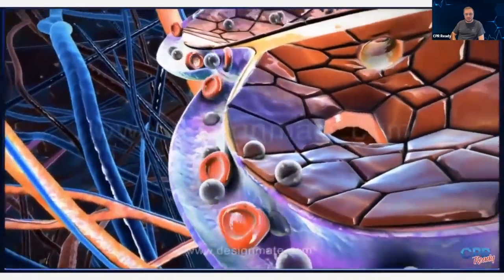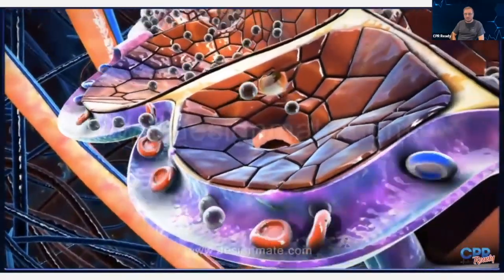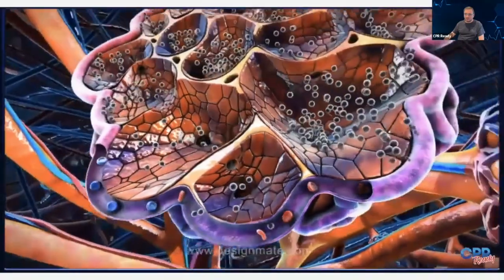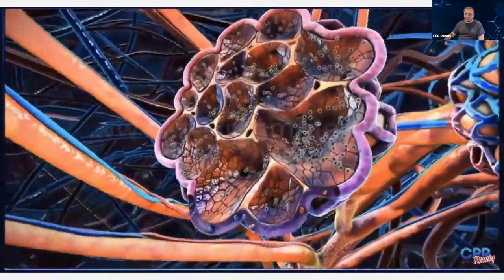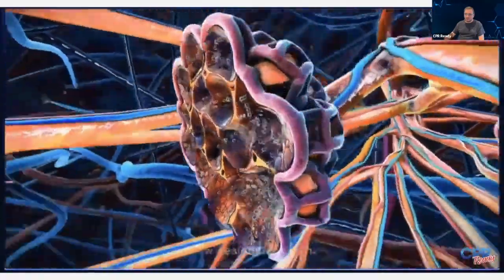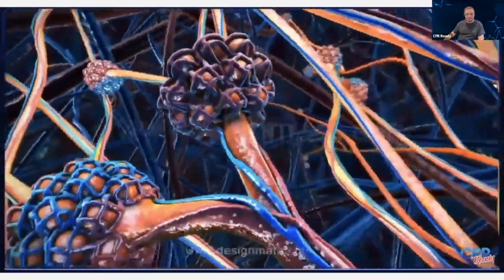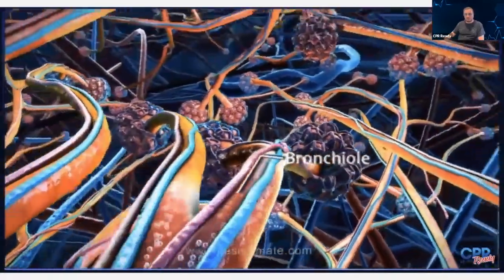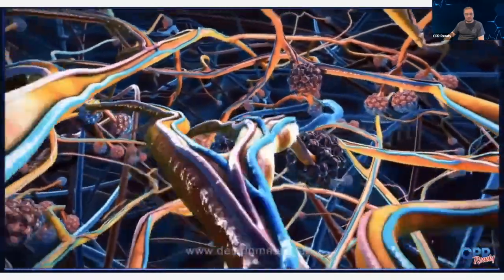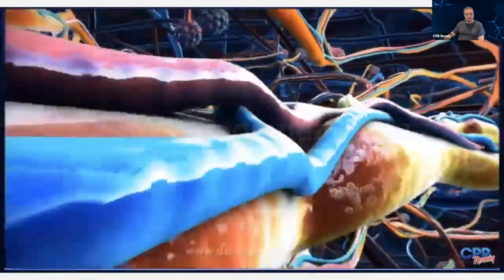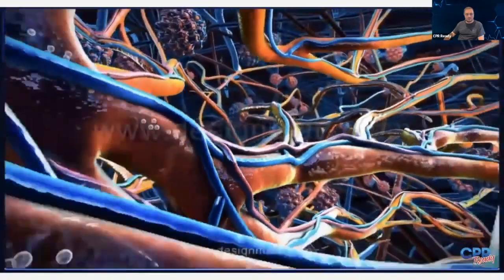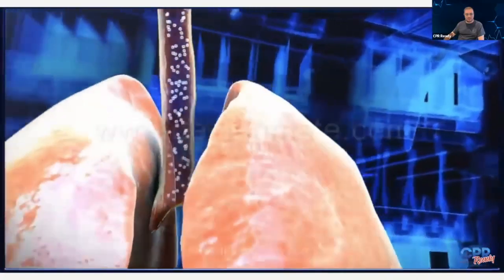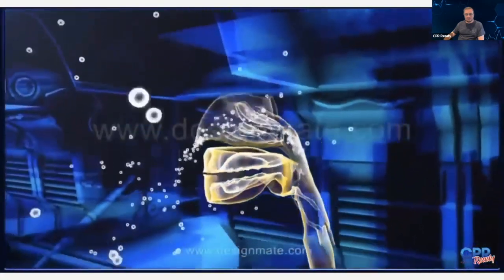These molecules are released into the alveolus. The carbon dioxide collects in the alveolar chamber. And then from the alveolus, it travels through the bronchioles into the bronchus, which finally reaches the trachea, and it's breathed out through the nostrils.